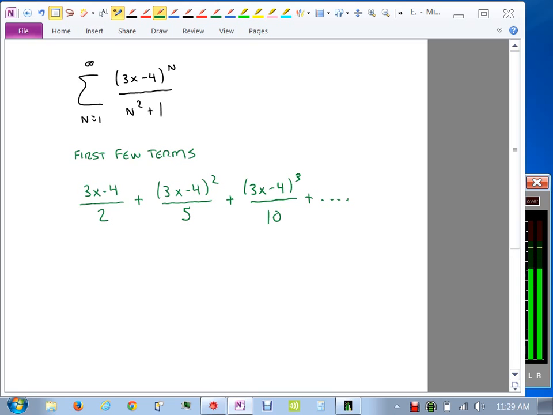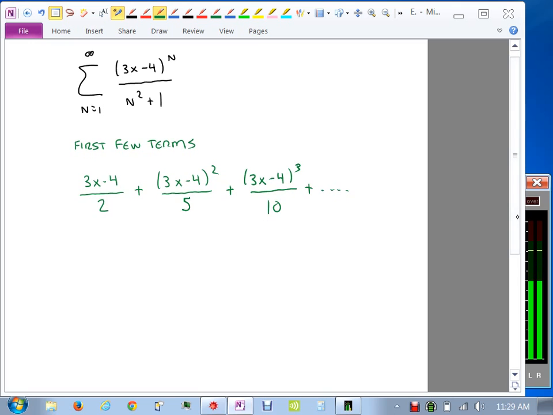And now it's time to apply the ratio test. Now I'm going to move pretty quickly through this one because we've done it so many times. Ratio test means I need to take the limit, n goes to infinity, absolute value. All right, let's do a sub n plus 1.